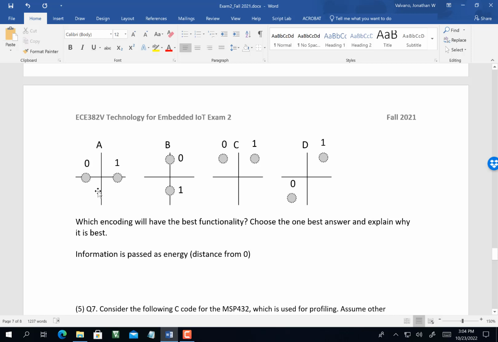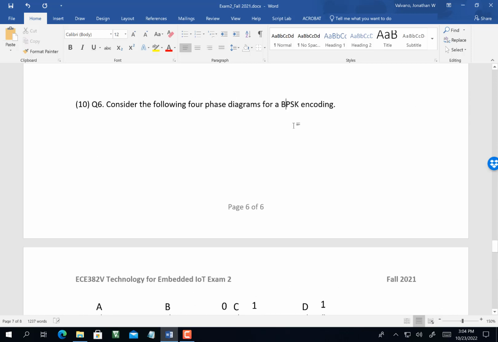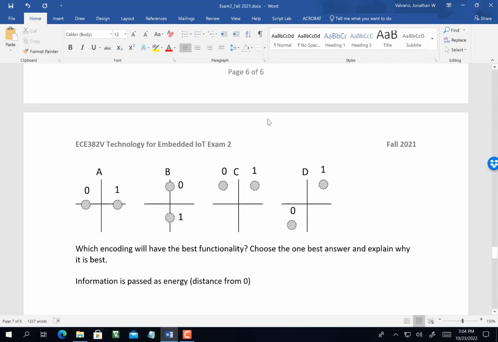Okay, these little circles are symbols that I'm going to encode, and they have all the same amplitudes, but different phases. So this is a phase shift. This is a binary phase shift key protocol. It is binary because each of the various modulation techniques has 1 bit per symbol.